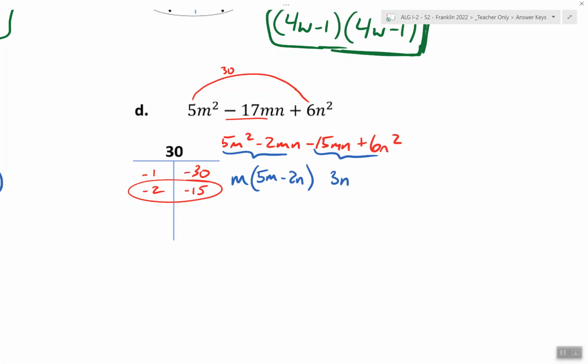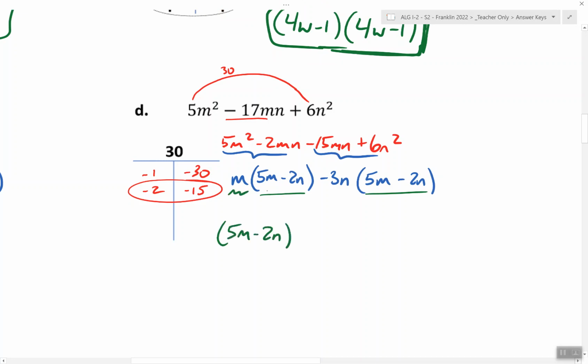So we want to get a positive 5m minus 2n, so we'll take out a negative 3n, and that will give us a 5m minus 2n there. So there's your two factors. We've got 5m minus 2n, and the leftovers, which is m minus 3n.